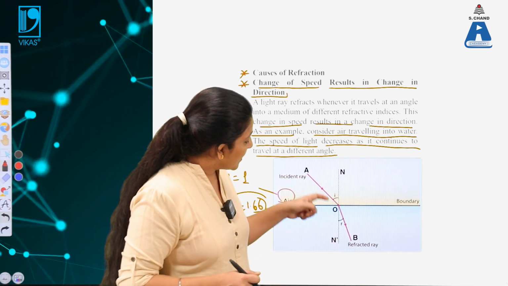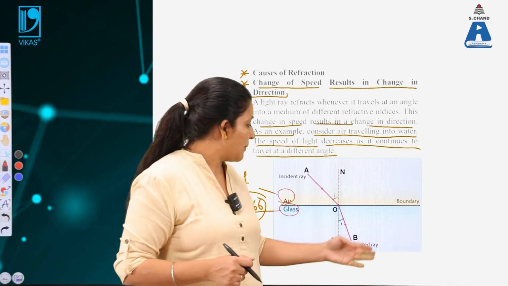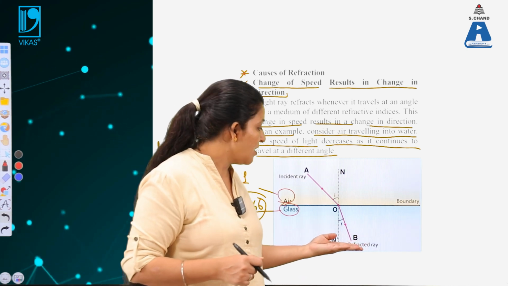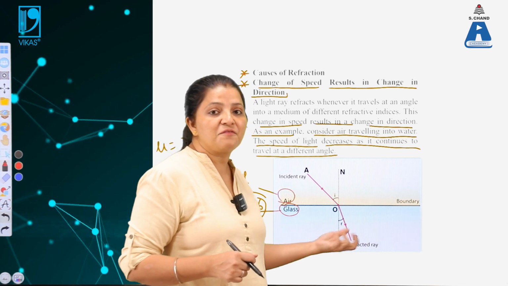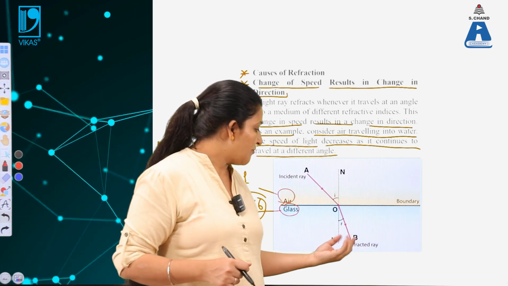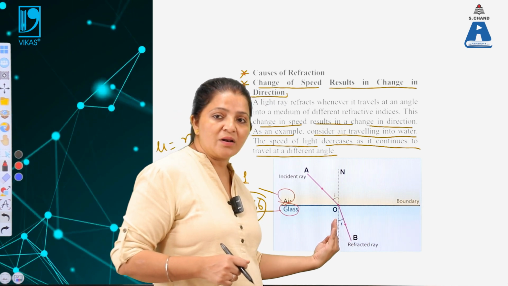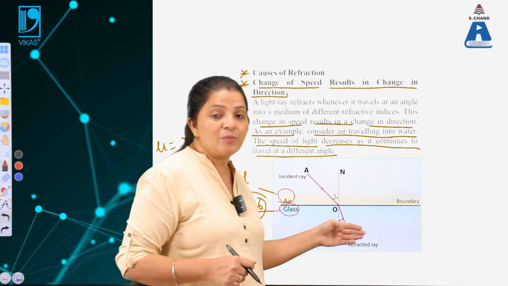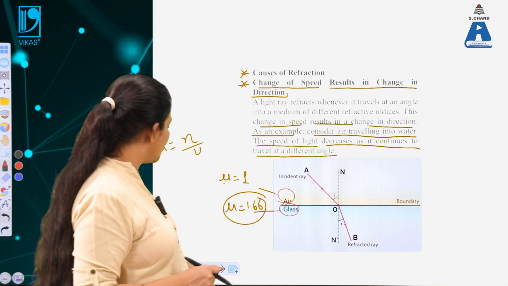Again, due to the change in density of the material, multiple reflections take place due to the number of particles present over here, and the light gets refracted at different angles automatically. If this is a more dense media, the light bends towards the normal. If we take the opposite situation, it will bend away from the normal. So, that is the main cause of the refraction over here.